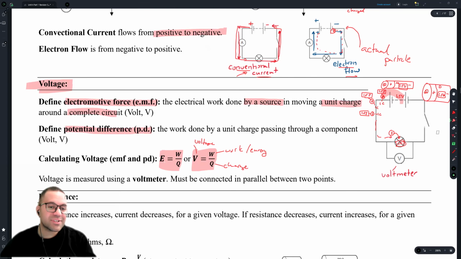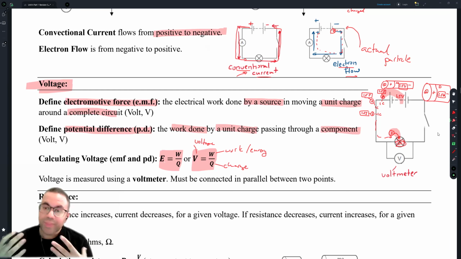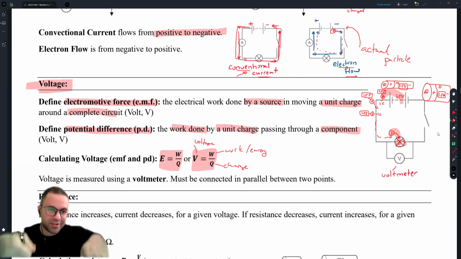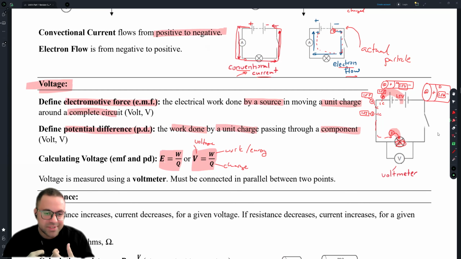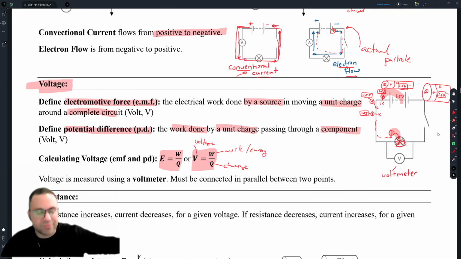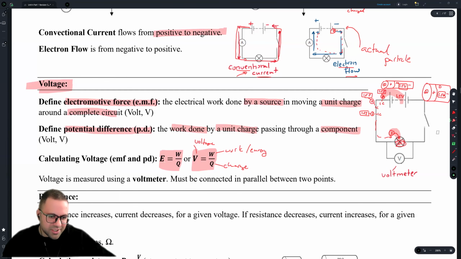Potential difference is the work done per unit charge, or the energy per charge lost through a component, because the light bulb takes the energy away from the charge. So that's why we need two different names for the same quantity, because it's either energy gained by the charge, so we give the charge the energy, or we take the energy away from the charge. But they both have the same symbol as far as we're concerned. It's just V from now on, okay? Sometimes we use E for EMF, but regardless, V is fine.